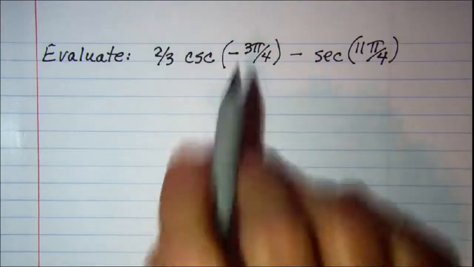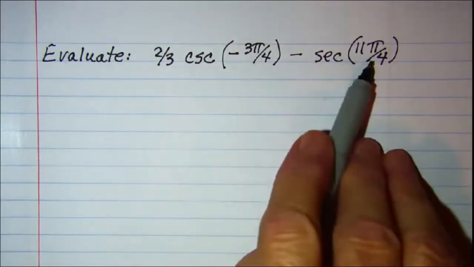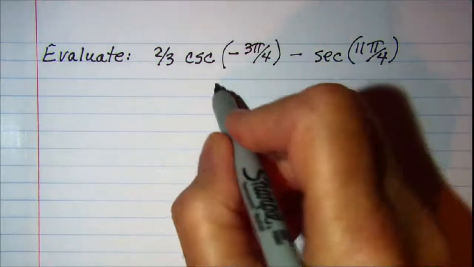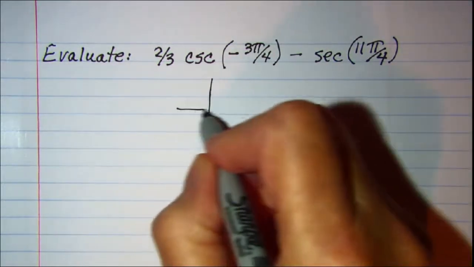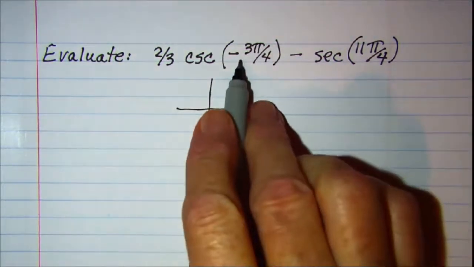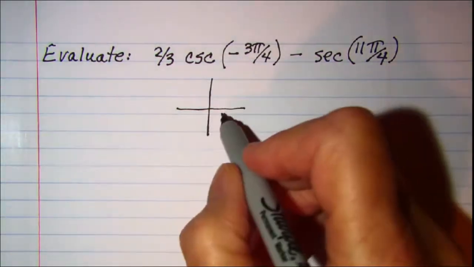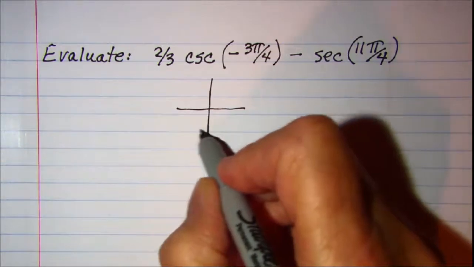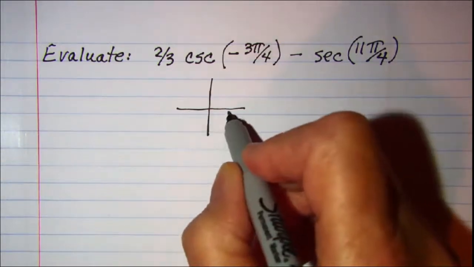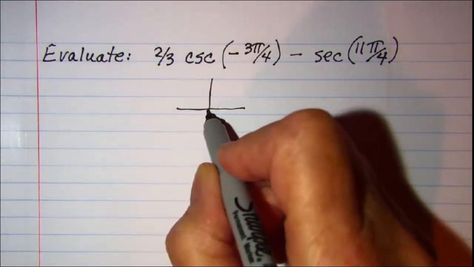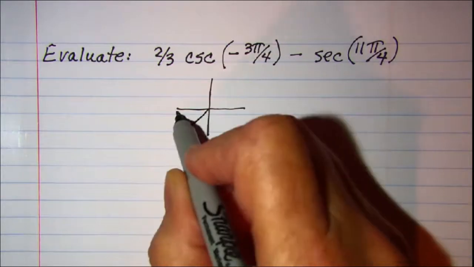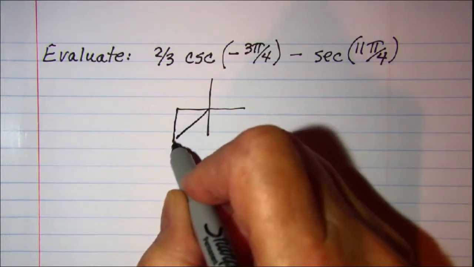Now in this one, we have our angles in radians. For our reference triangle, this is a -3/4 of a pi. So our rotation is going to be clockwise. And we're going to just do 3/4 of a pi. Remember, pi is a semicircle.